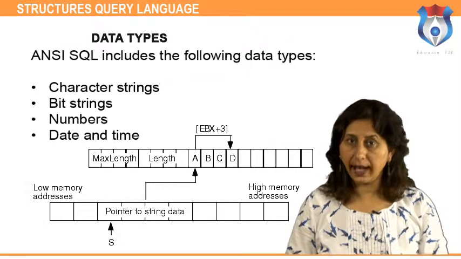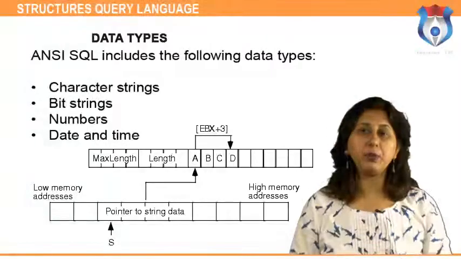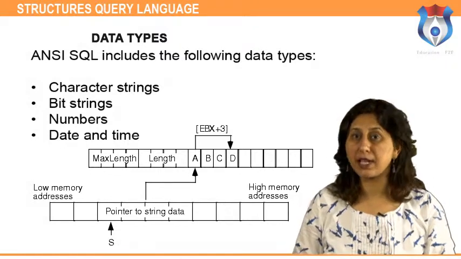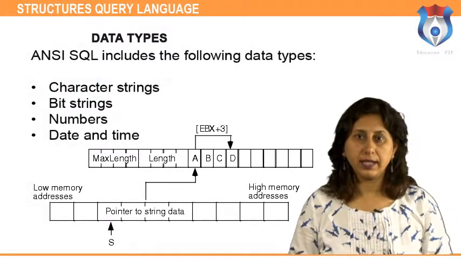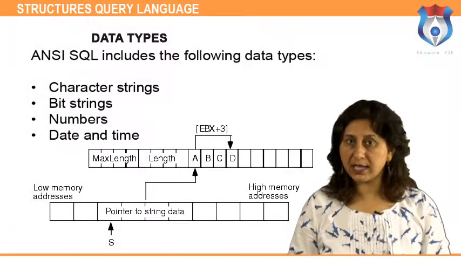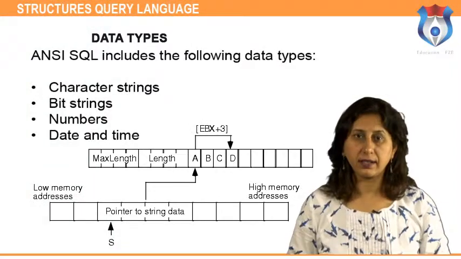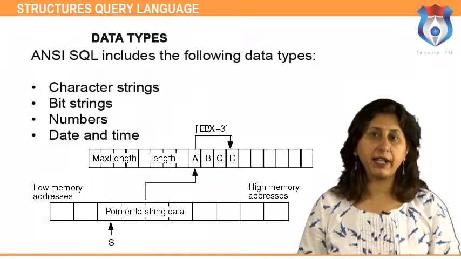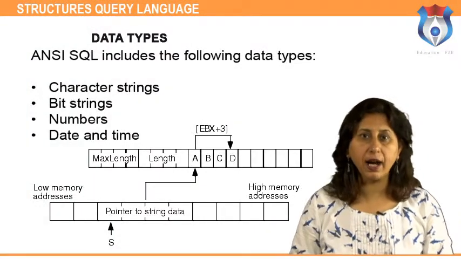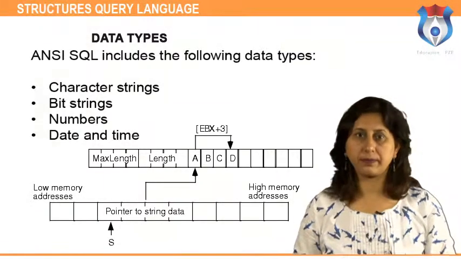Character varying n or varchar n, variable width string with a maximum size of n characters. National character n or nchar n, fixed width string supporting an international character set. National character varying n or nvarchar n, variable width n char string.